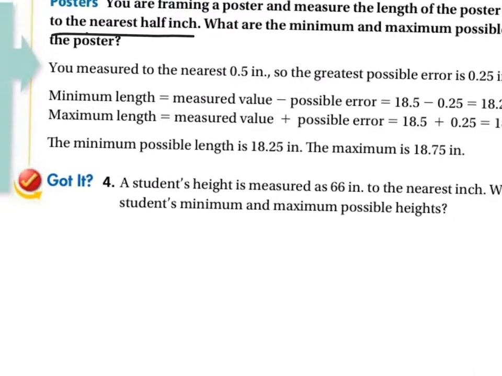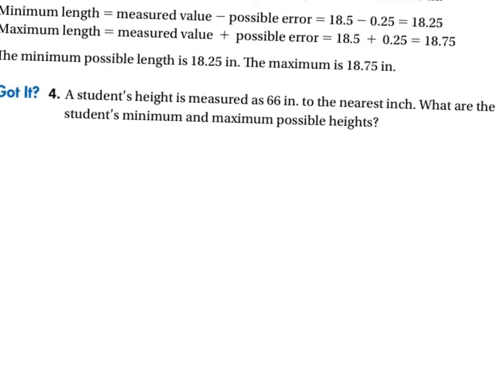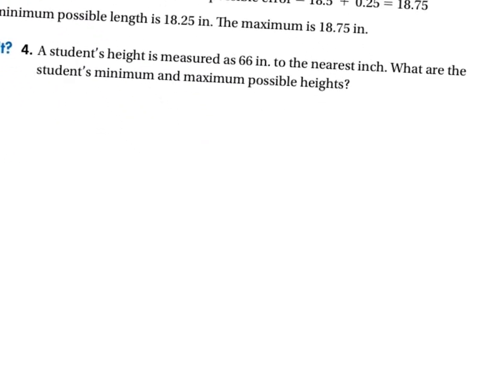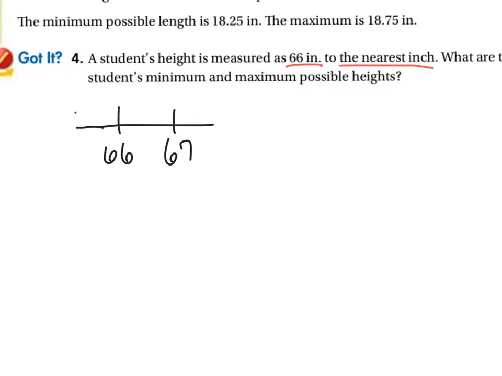So if you look at the next one, a student's height is measured as 66 inches to the nearest inch. What are the student's minimum and maximum possible heights? If it's to the nearest inch, that means somewhere in here this was 66, 67, and over here would have been 65.